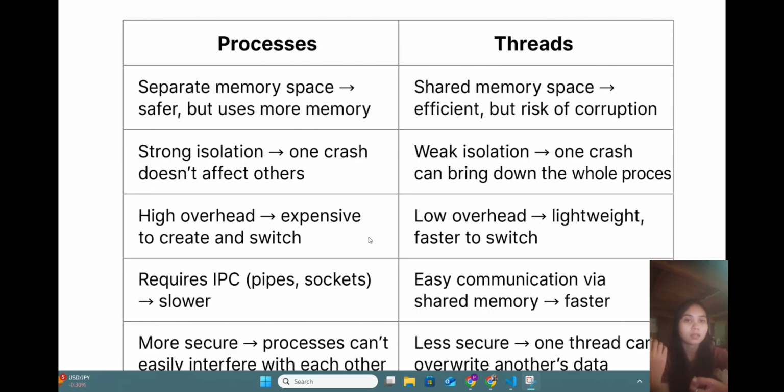So processes give us safety and stability, while threads, since they are faster, provide speed and efficiency. So yung OS acts as a manager. It balances both the process and thread through context switching.